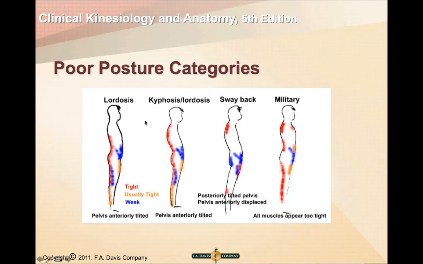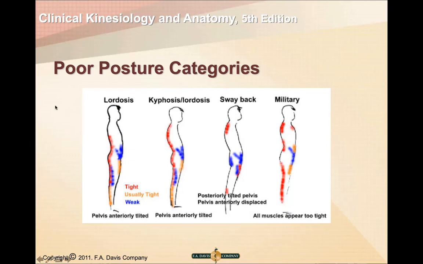You can see here that somebody who stands with too much lordosis, and the red stands for tight, would be expected to have really tight lower back muscles. But if you are tight on one side of your body, you're automatically going to be weak and overstretched on the opposite side of your body.